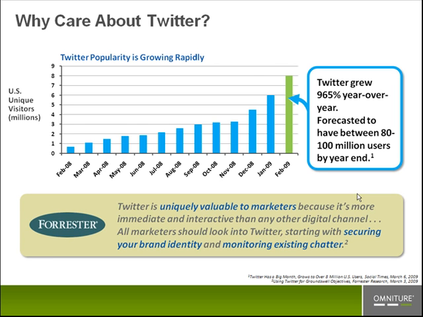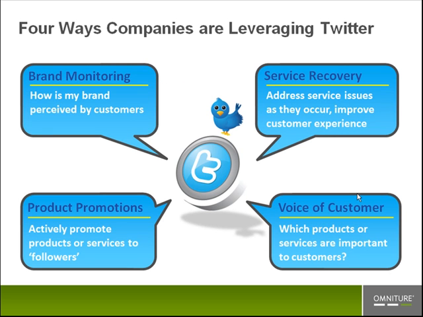But Forrester has even identified Twitter as uniquely valuable to marketers because it's so interactive and so immediate. You can get real-time feedback. One of the first things that they recommend doing is making sure that you secure your brand identity on Twitter, get a Twitter account, and just start listening to what people are saying about you.